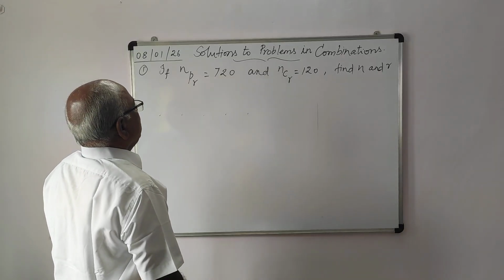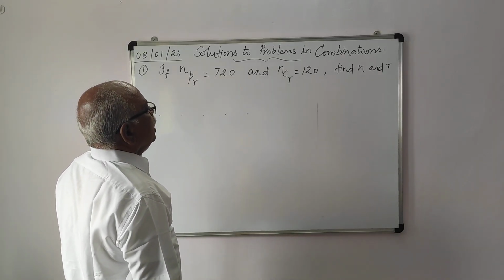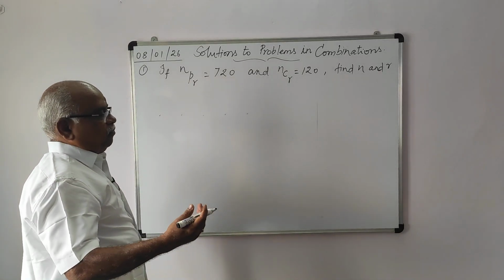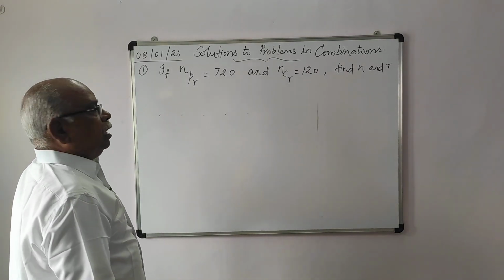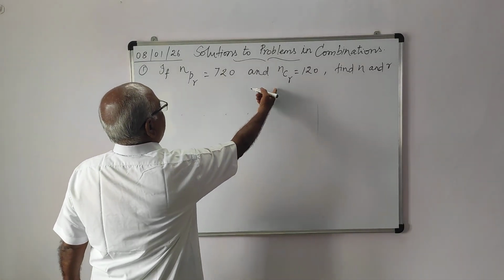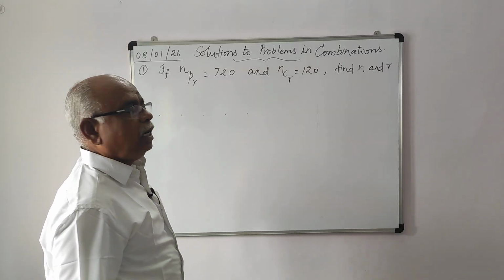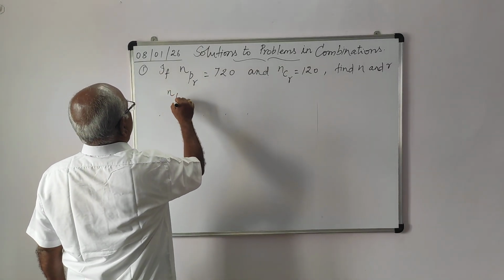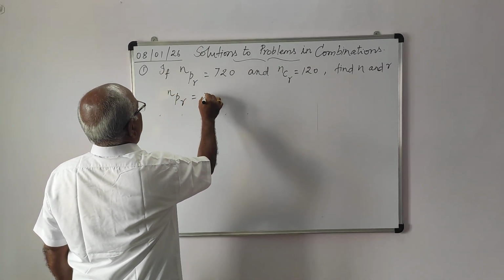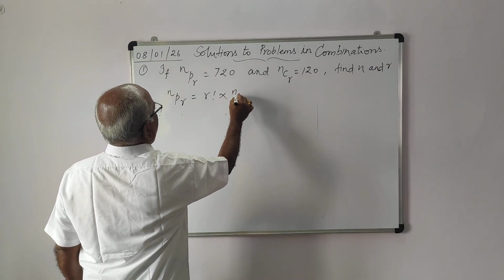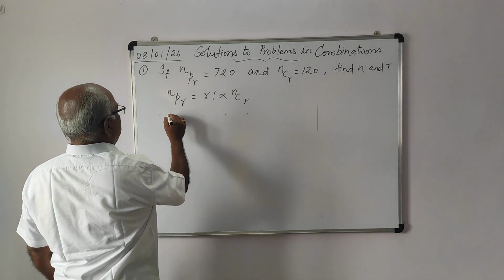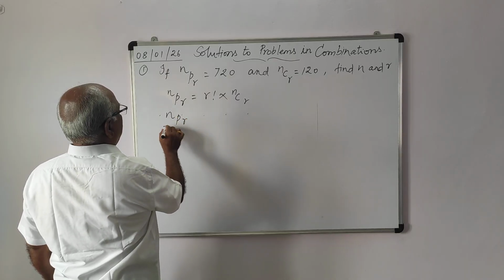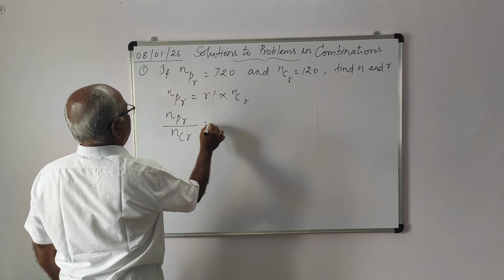You know the relation between nPr and nCr: nPr equal to r factorial into nCr. So you bring this nCr to the left hand side, nPr by nCr equal to r factorial.